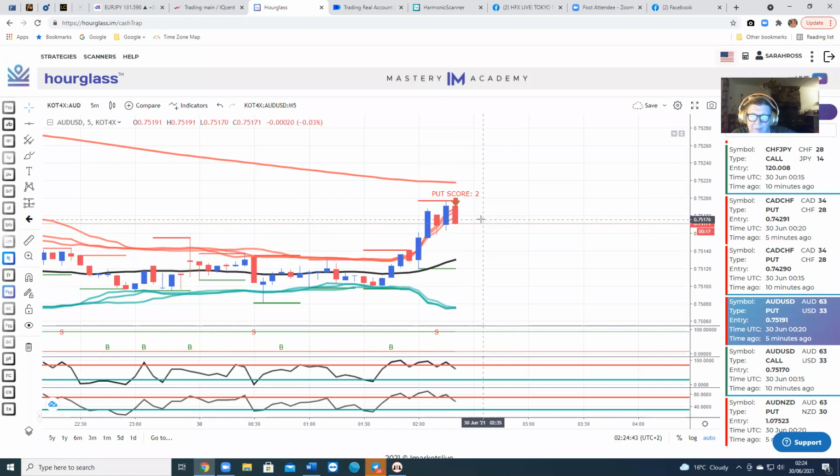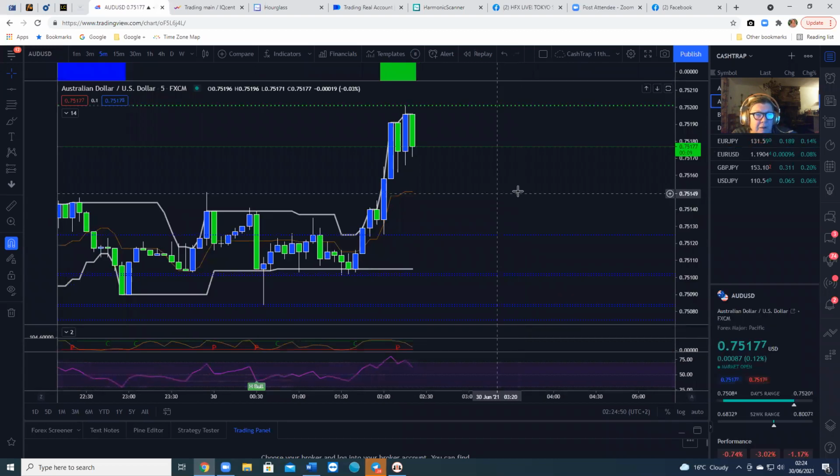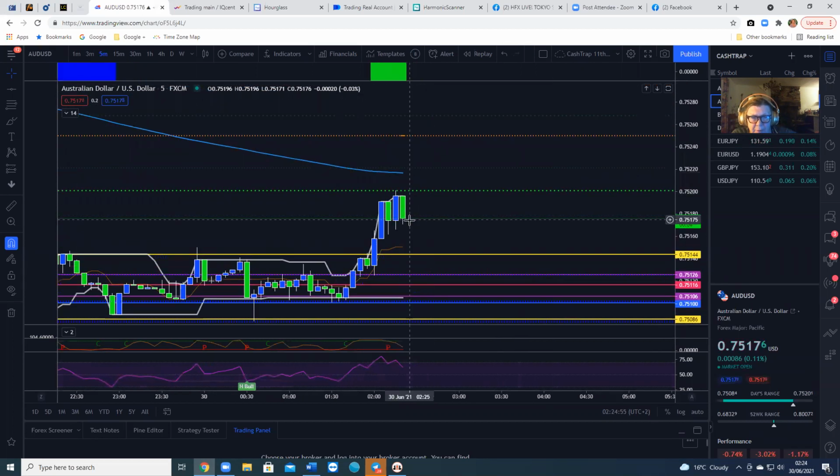But you saw what happened on Euro JPY. It didn't end up moving down. See, that's moved up, but on Australian dollar, US dollar, you did get the pullback. So, but it's more risky on your probabilities.